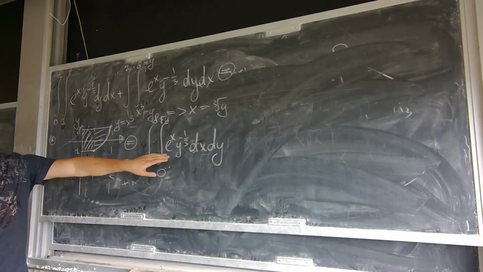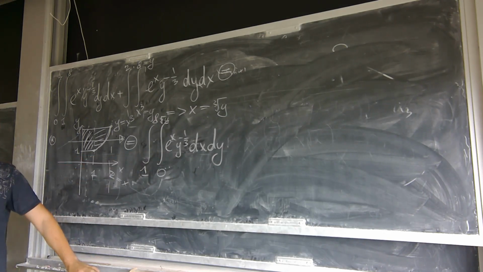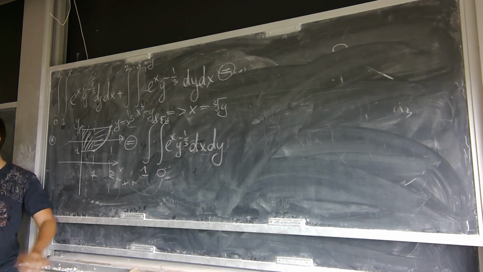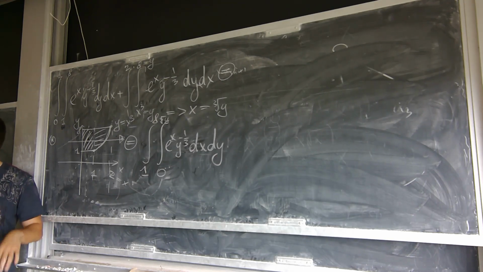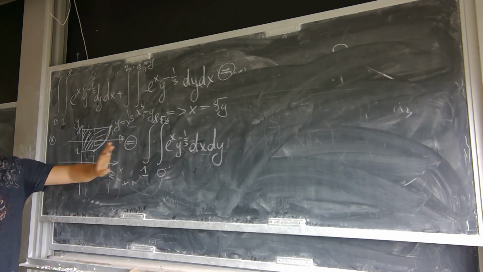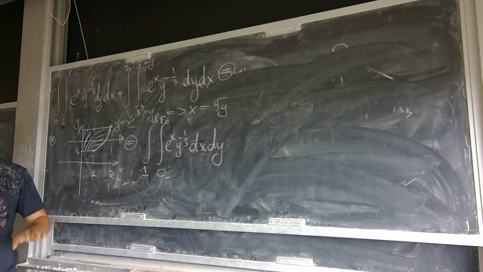Okay. What is the fastest way to evaluate this integral? There are two ways we can do it: step by step, or we can just split them. If you don't feel comfortable with this kind of trick, don't do it. Just do it as you know how.